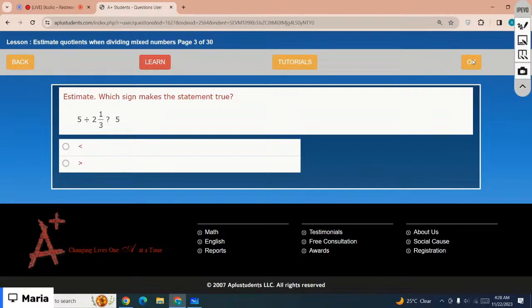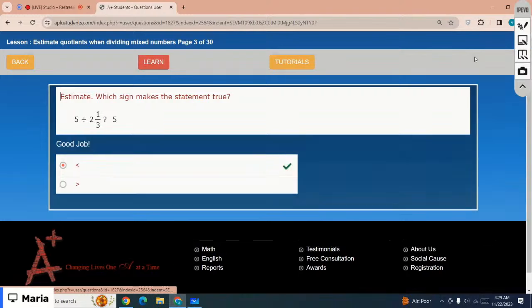So when you divide 5 by 5, the answer is 1, and 1 is less than 5. The correct option is 1 is less than 5, right? Because that is 2 whole 1 over 3, and the dividend is 5. 5 is completely divided by 5, so you can round off 2 whole 1 by 3 to 5. So that would be 1 is less than 5. Got it?